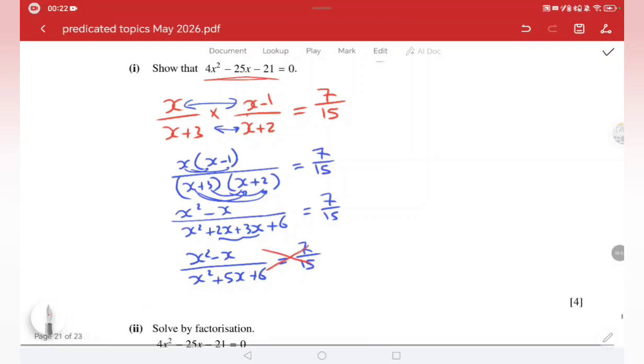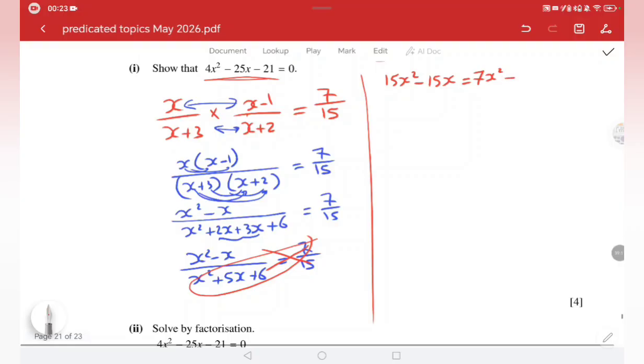Now we need to cross multiply. If you cross multiply, you get 15x squared minus 15x equals, and how about this one? This one is 7x squared plus 35x plus 42. Let's collect all terms on one side. So 15x squared minus 7x squared, moving this one to the other side with a different sign, minus 15x minus 35x minus 42 equals 0, right?